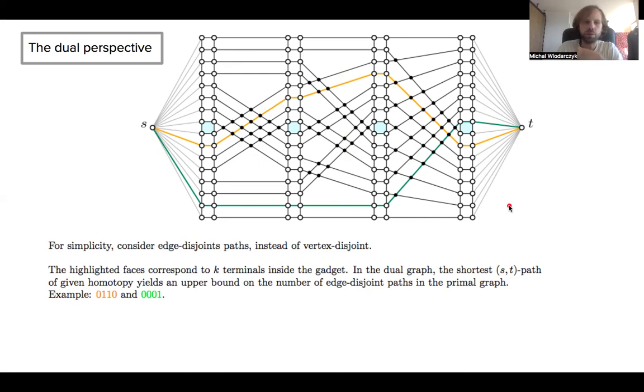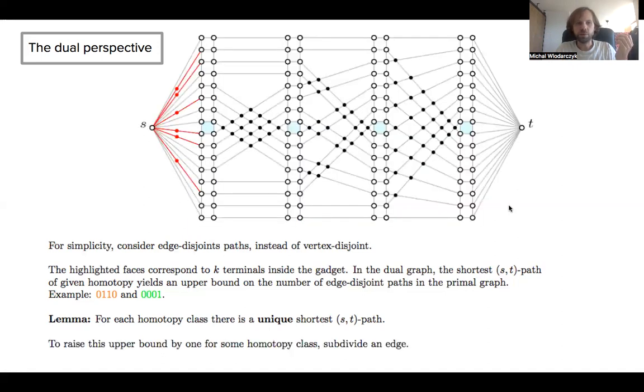And the crucial property that really is the crux of the reduction is that for each homotopy class we have a unique shortest S-T path. So if this S-T path is unique and its length imposes an upper bound on our flow, then to accommodate one more unit of flow, we just need to increase the length of the shortest path by 1.